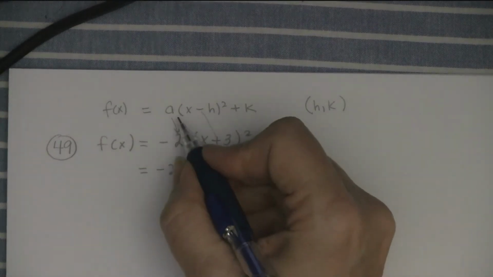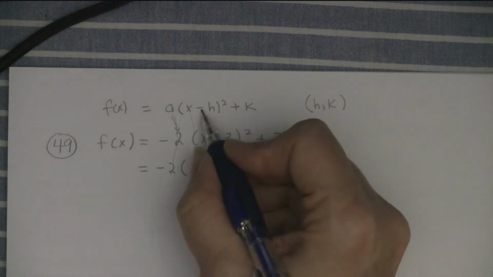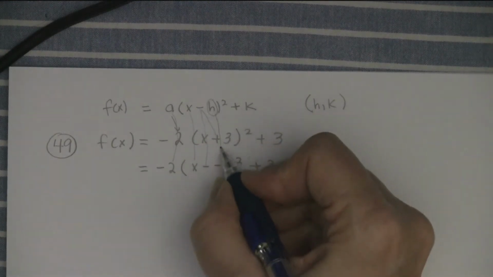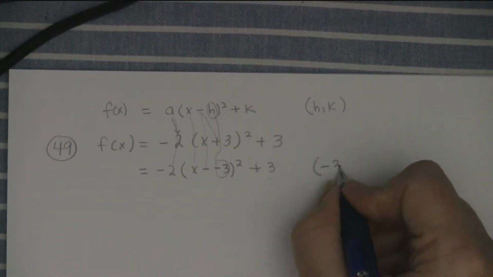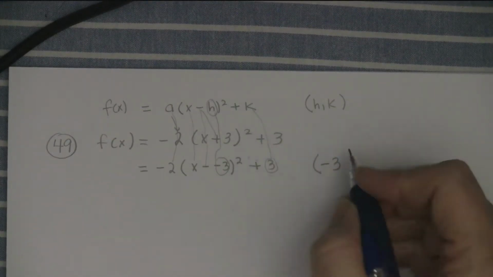And now it's perfect, right? A is -2, the x, the minus, and then h is -3. So the vertex is -3, and the k coordinate of the vertex is +3.